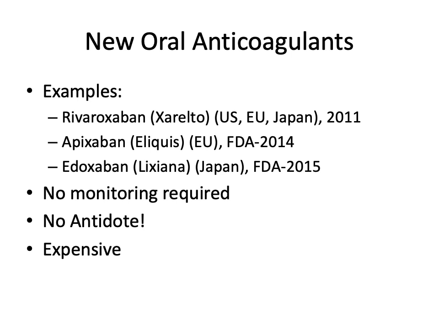Rivaroxaban is the first oral active factor Xa inhibitor. It is approved for use in treating deep vein thrombosis in knee and hip surgery patients and stroke prevention in people with non-valvular atrial fibrillation.